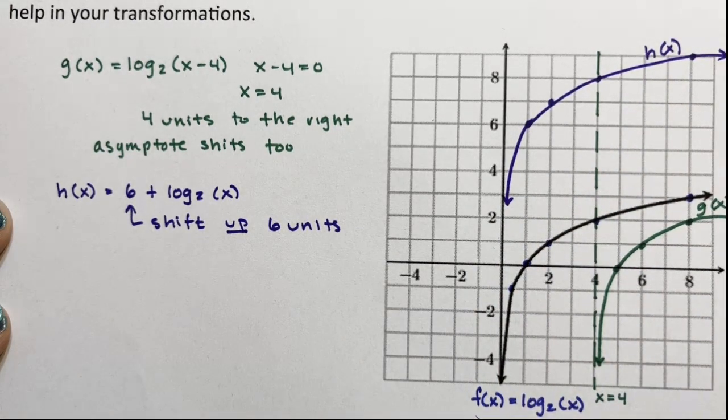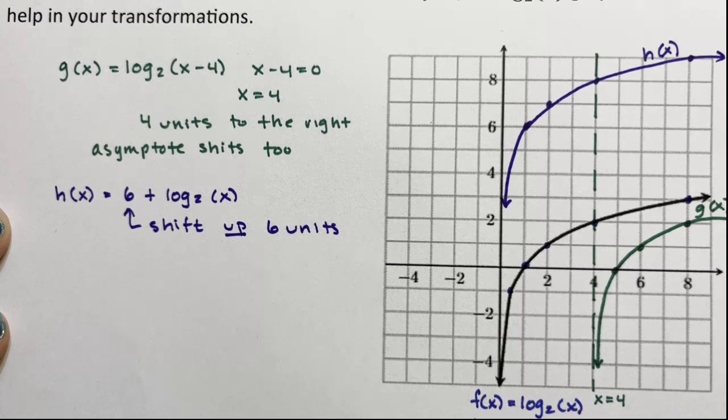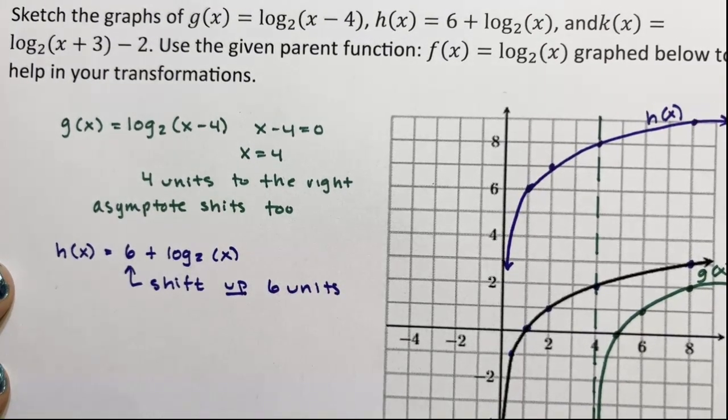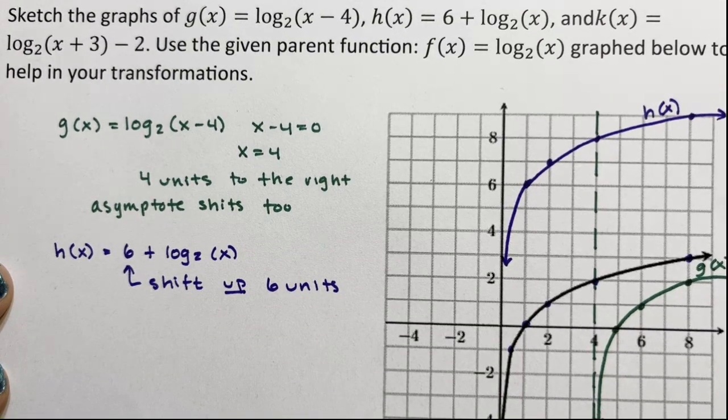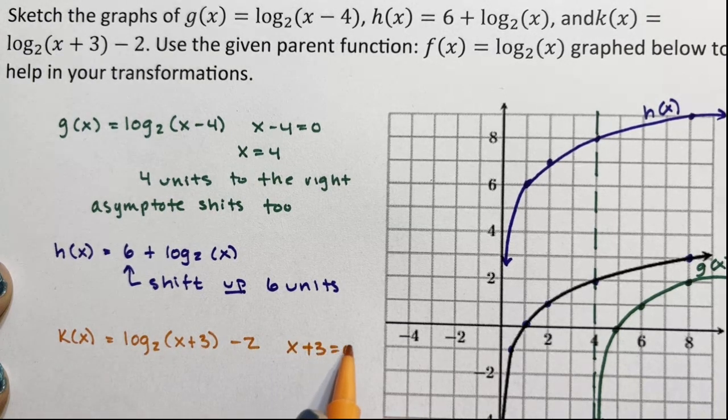The last function that I'm asked to sketch, if I bring this back down so we can read what we're asked to sketch, says k of x equals log base 2 of x plus 3 minus 2. So the x plus 3 equals 0 when x is -3.